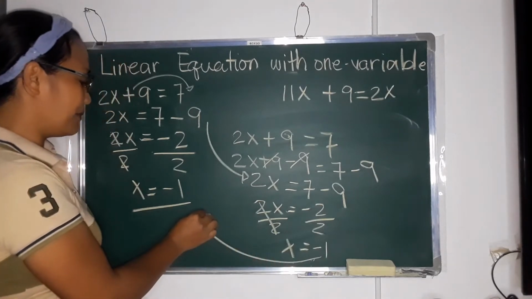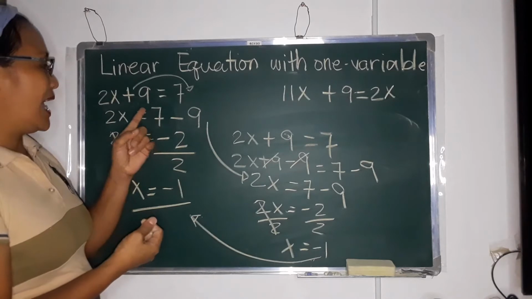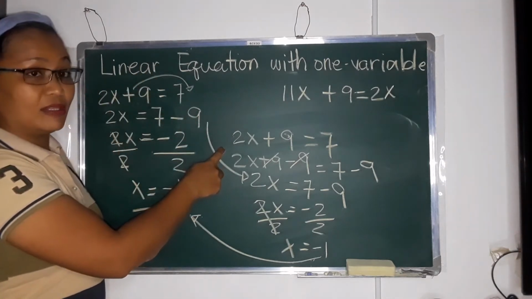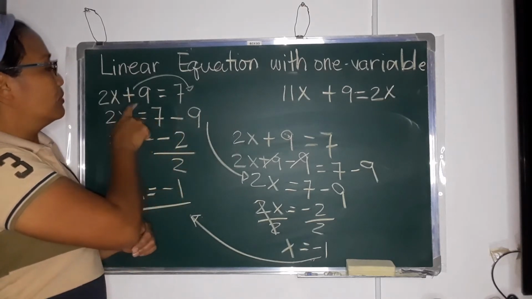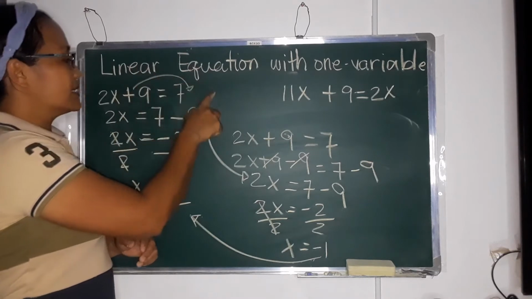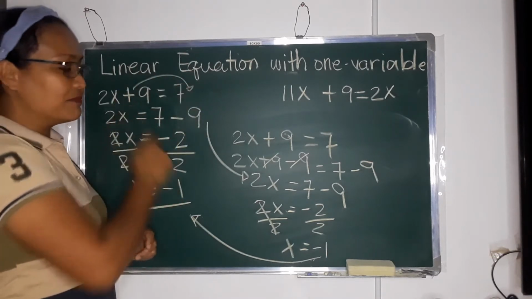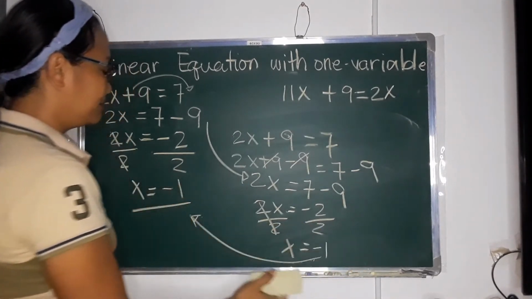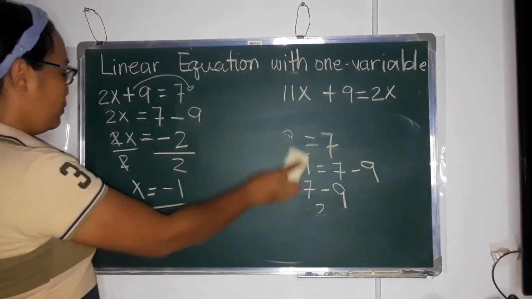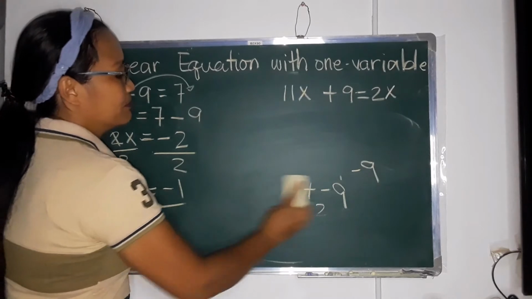So they have the same answer. Okay, that's why instead of doing this long method, we simply move the number or any variable over equal sign and change the sign. Okay? So that's the shortcut method. So for number 1 example, the value of x is negative 1.